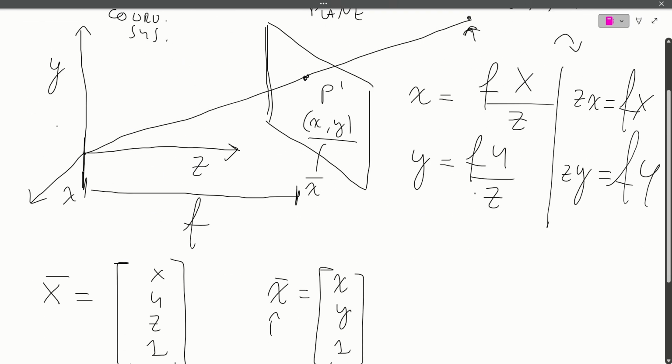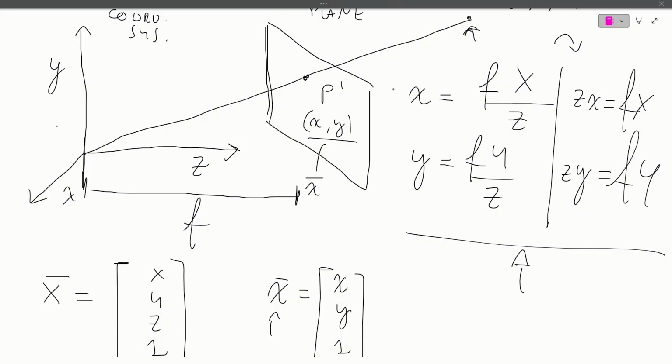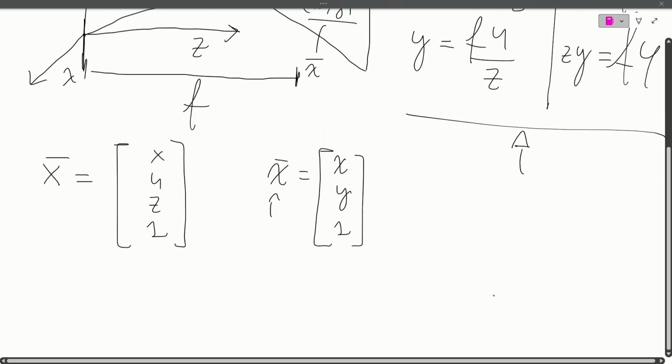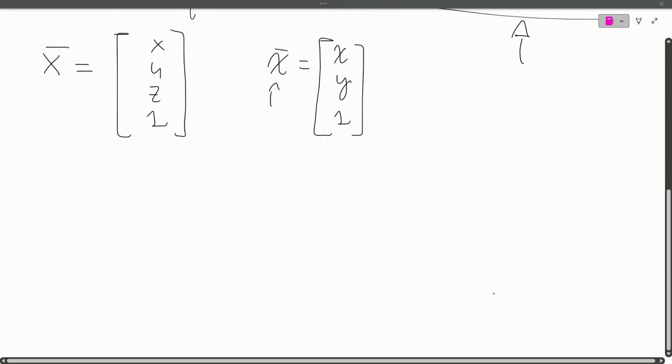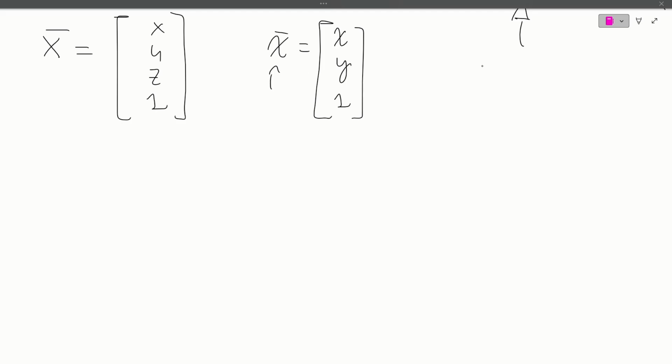Now all the formulas here can be rewritten in a matricial form. Okay, I will use another notation.